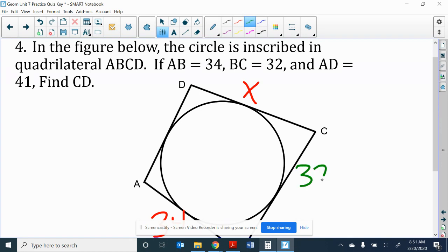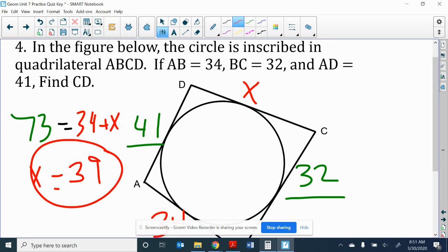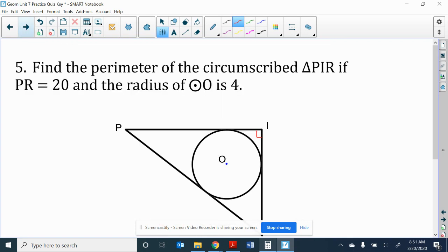BC is 32, and AD is 41. So 41 and 32 makes 73, and that is going to be equal to 34 plus x. So that means that x has to be equal to 39. That is the easy way to do a quadrilateral walk-around problem.